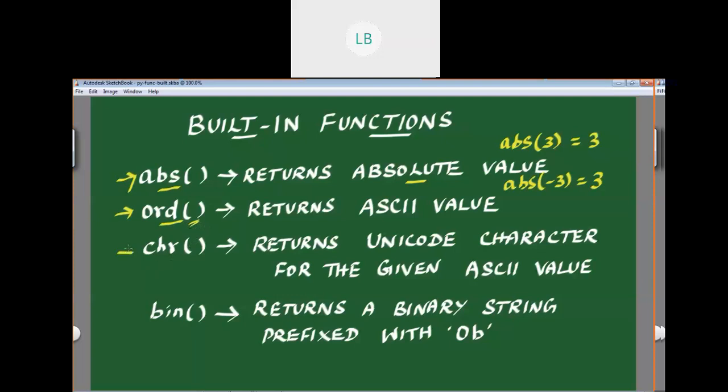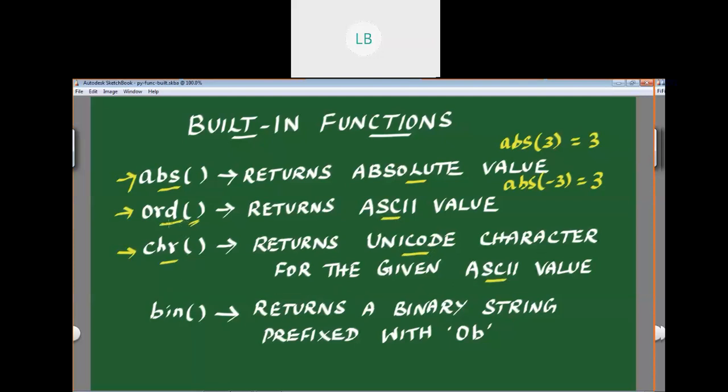The next one, chr, character function. This function returns the Unicode character for the given ASCII value. You learned about the ASCII values last year, children, hope you remember. This function is the inverse of the ord function.